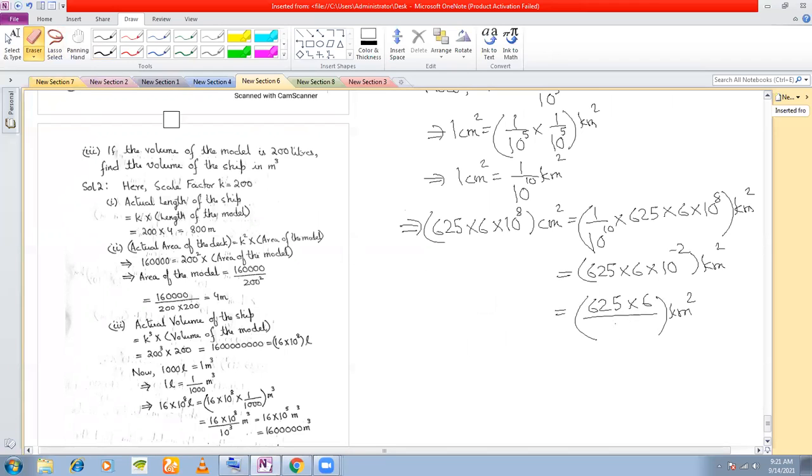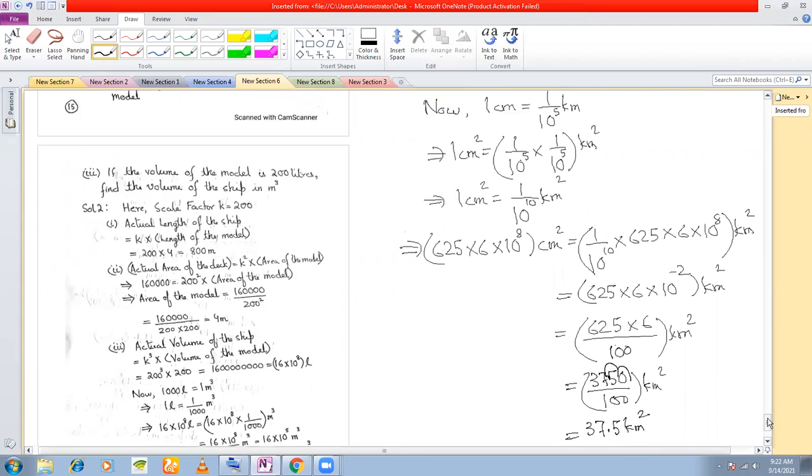You multiply the numerator, 625 into 6, and you get 3,750 divided by 100 kilometer square, which is the same as, because you have 2 zeros in the denominator, you shift 2 zeros here, you get 37.5 kilometer square, and that's your answer.